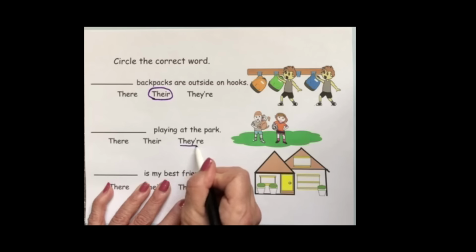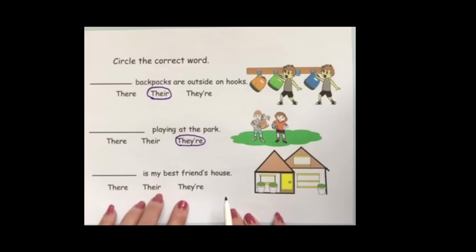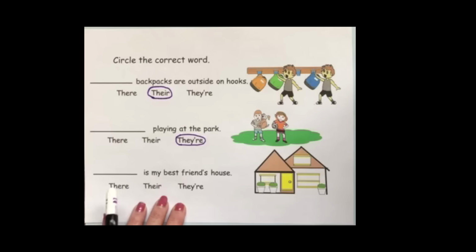So we're going to circle they're. Our last one is, there is my best friend's house. At that place is my best friend's house. So it does mean at that place, and it is this there, capital T-H-E-R-E.